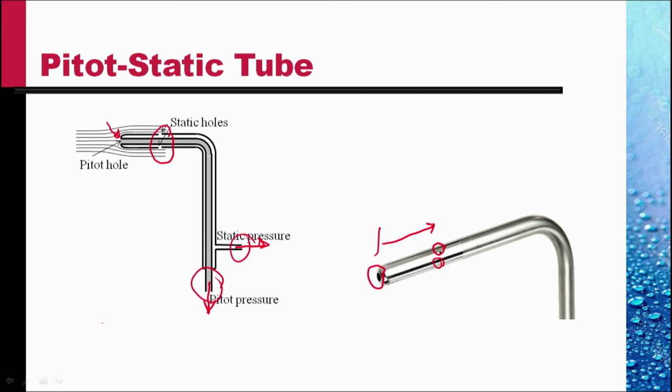It is assumed that within 10 diameters, the disturbance caused by the introduction of the tube will die out, and the static pressure here would be the same as the static pressure if the tube was not inserted into the flow.